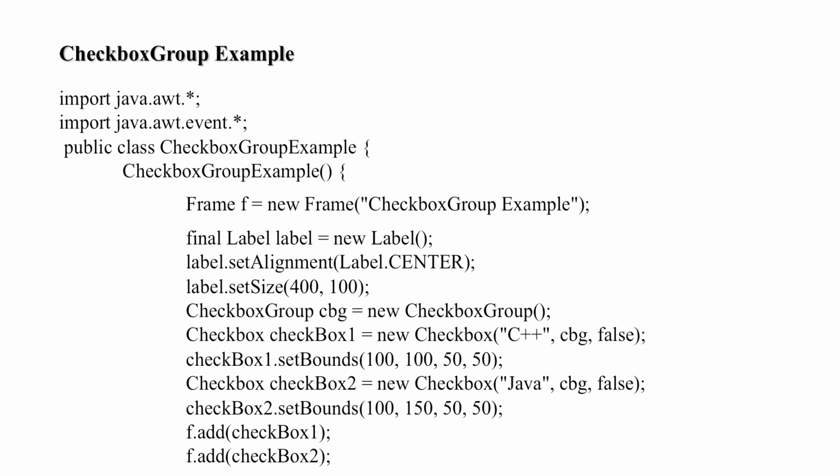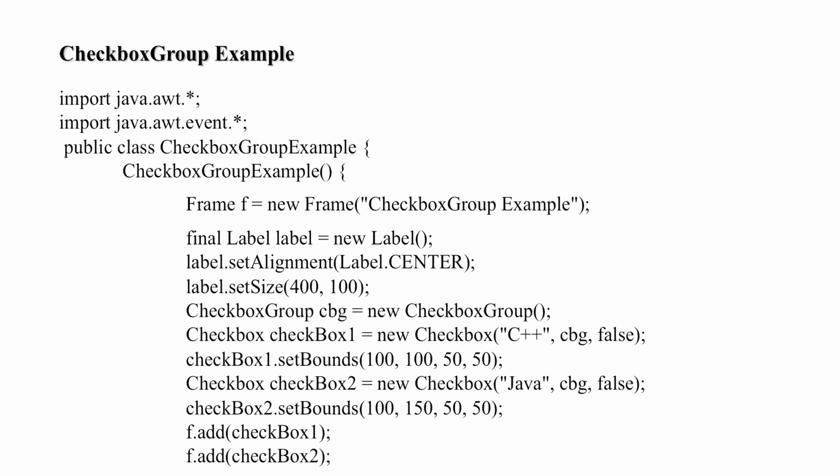Next is the checkbox group example. Again we will extend one frame, and we will display a list of some checkboxes, like C++ and Java. We have taken one example. Then we will add some checkboxes to this list, checkbox 1, checkbox 2.